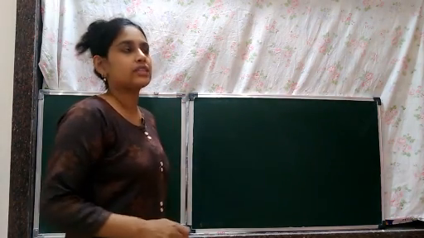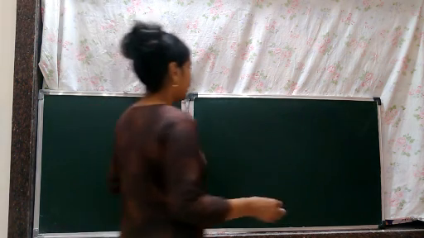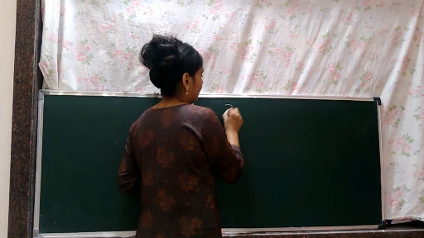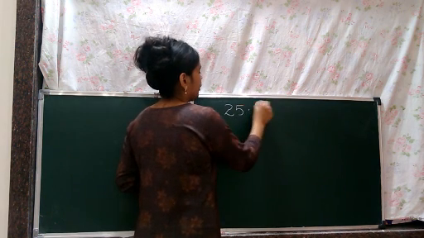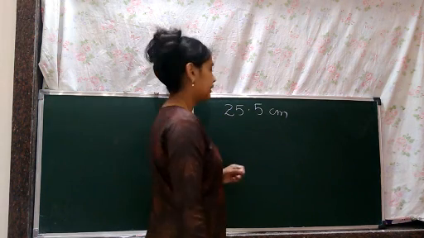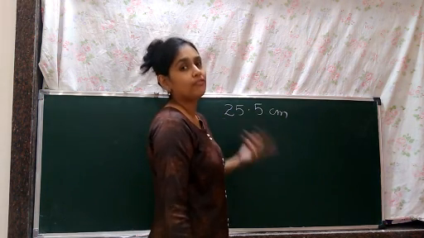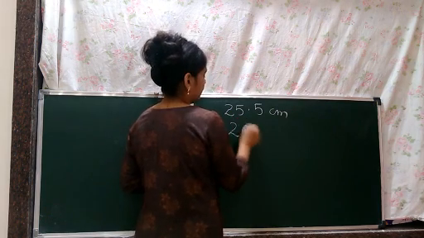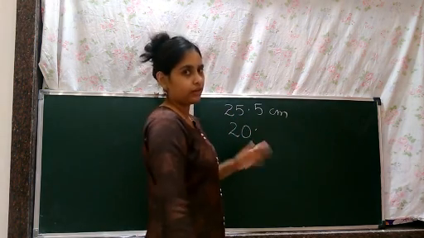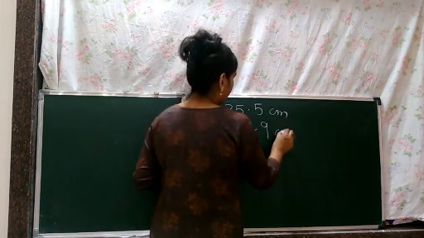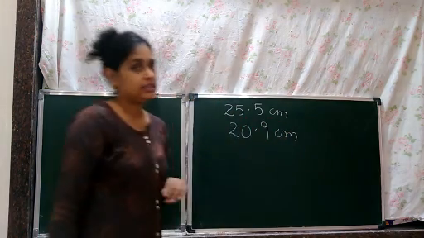Like for example, you will say the length of my textbook is 25.5 centimeter. Then the length of my maths notebook is, this is just example, children, this may not be the correct one, 20.9 centimeters.